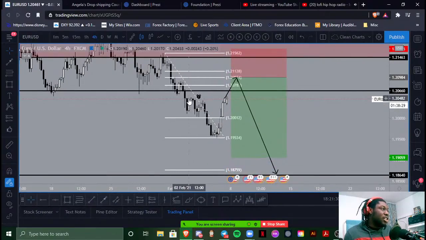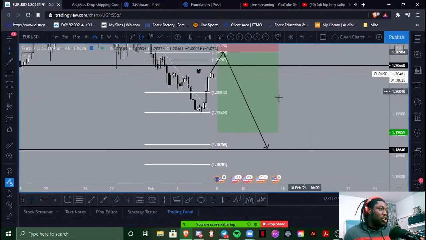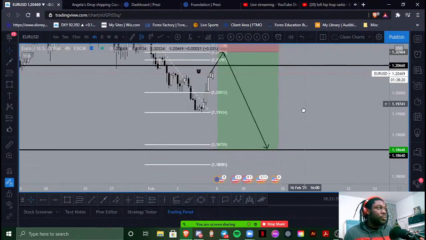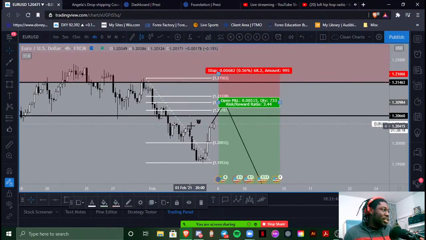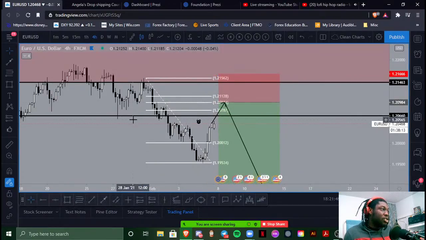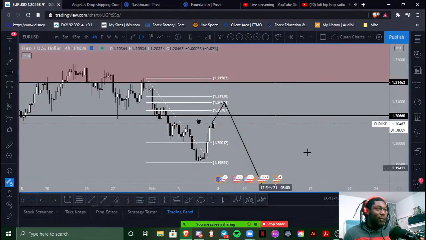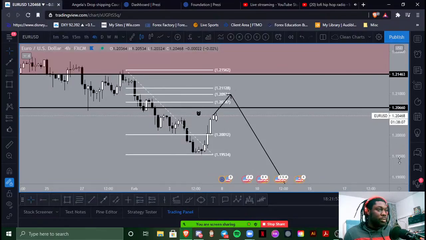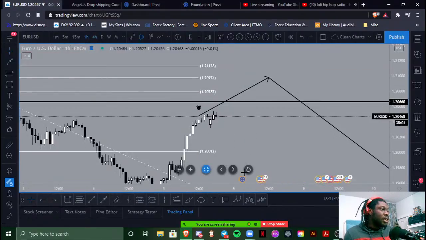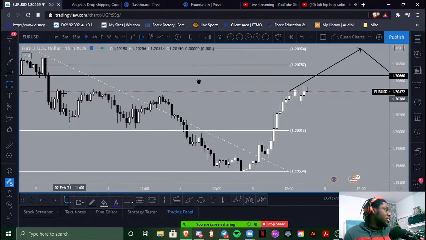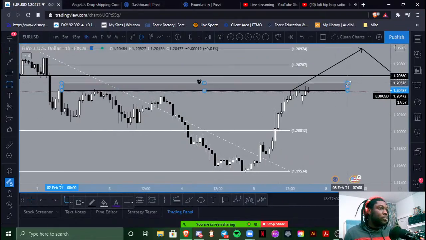Now, I do see that it is at this level right here where it can respect. And I would just give a little gem to the risky traders out there. If you want to try to sell it right here, because you don't think that price is going to climb up to 1.20974 or 984 as it shows, what you could do is go out to the lower time frames and you see this zone right here.